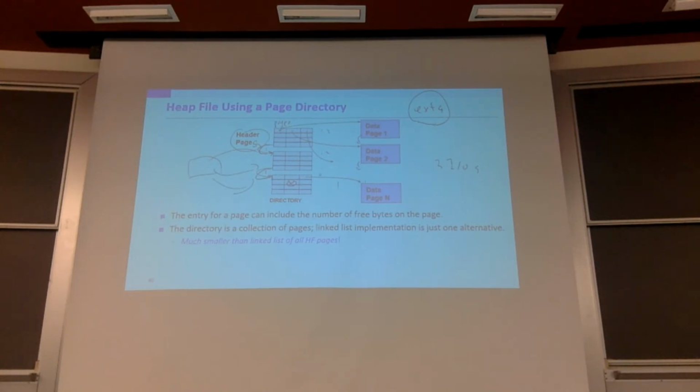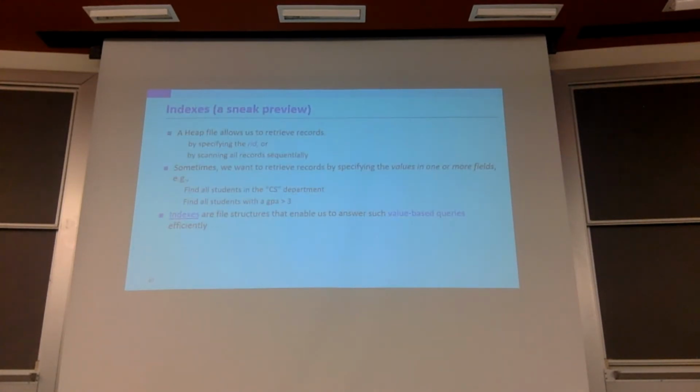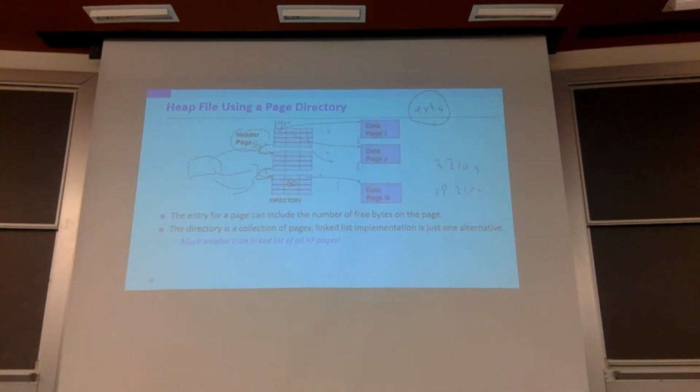So actually, you are going to pay 24 plus 5, 29 I/Os instead of 3, if you use a linked list. Make sense? Okay.